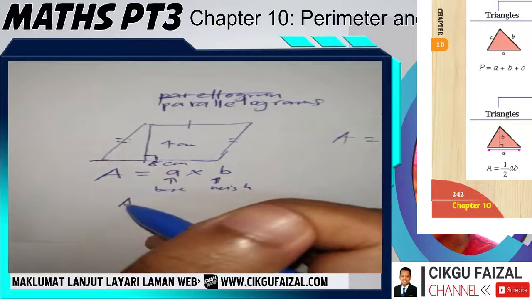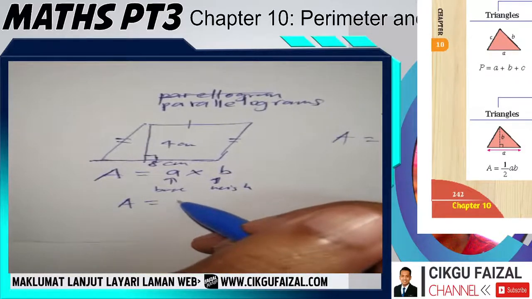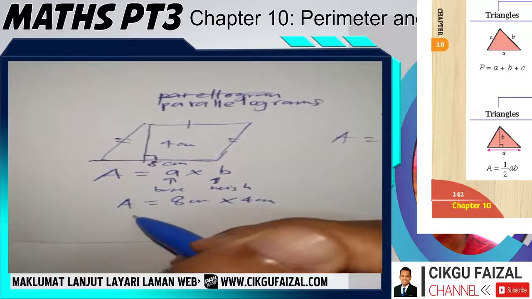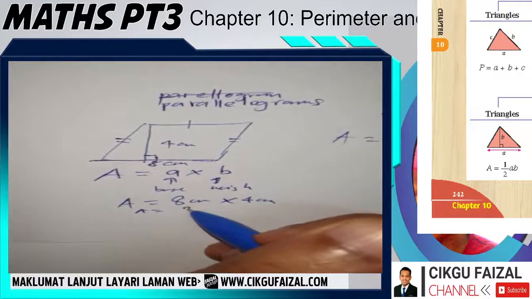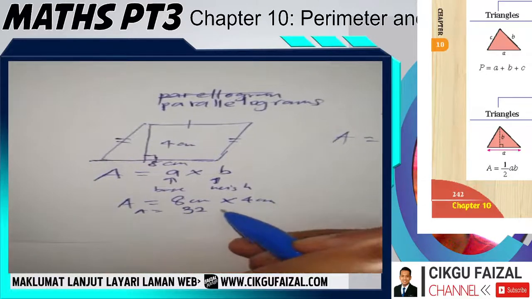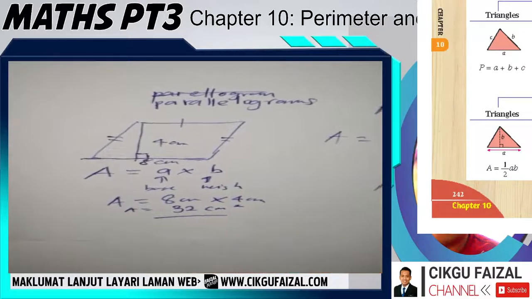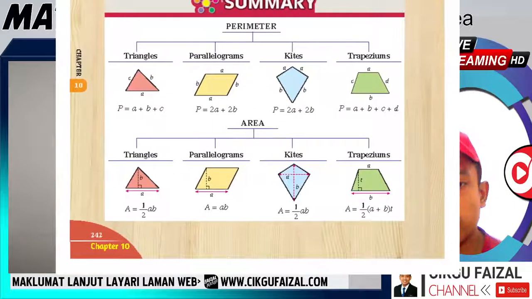So the area for a parallelogram is 8 cm for the base times 4 cm for the height. The value would be 32, right? 32 cm squared. So this is how you calculate the area for parallelogram.